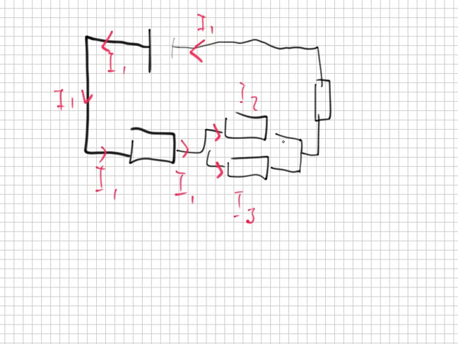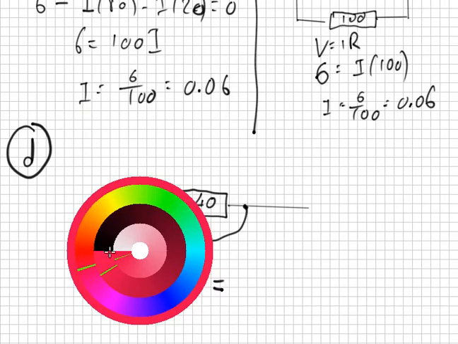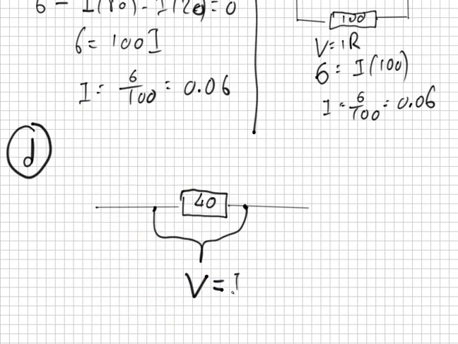Anyways, that means that here is I1 and here is I1. So as long as you don't care about this piece, it's the I here and here is going to be the same answer that we got previously. So when I say V equals IR, I actually know the I and the R. The I is 6/100 and the R is 40. So what's that? 2.4, yeah. Volts. Okay, and then that's that one done.